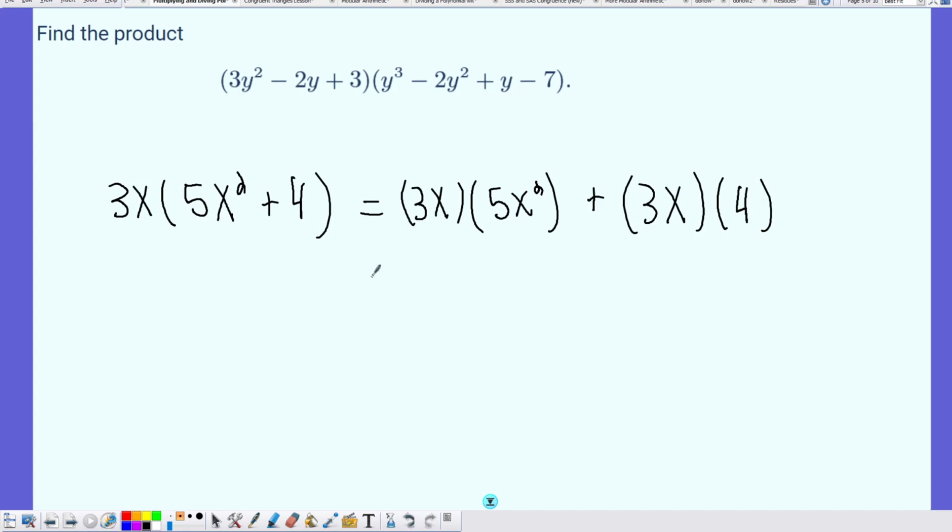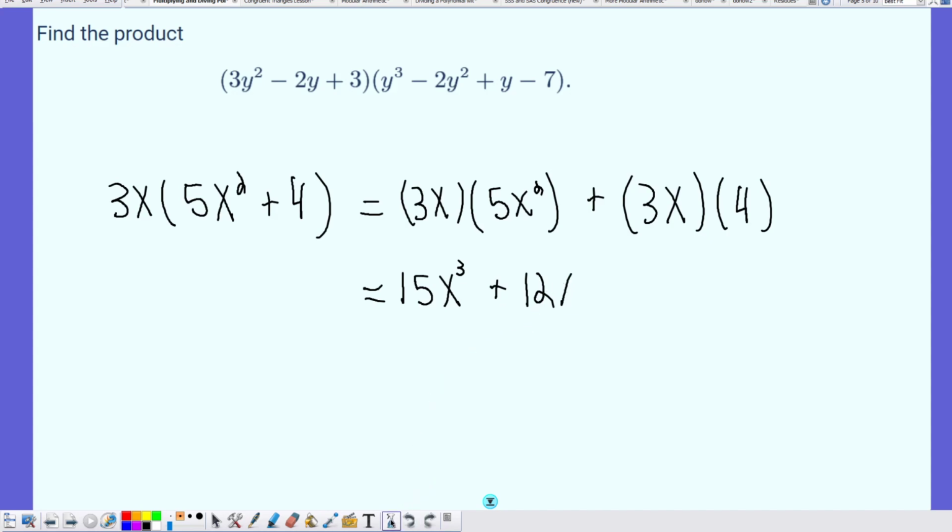And these things are relatively easy to multiply out, so 3x times 5x squared, well, 3 times 5 is 15, and x times x squared is x to the third, plus 3x times 4, well, 3 times 4 is 12, and since there are no other variables, we keep the x. So this is a relatively straightforward problem that seemingly most of us know how to do.